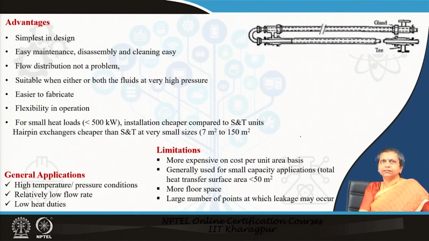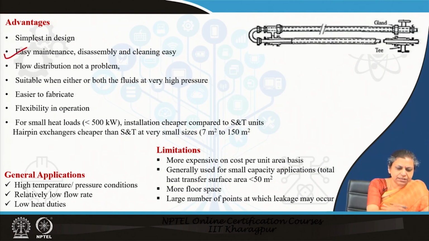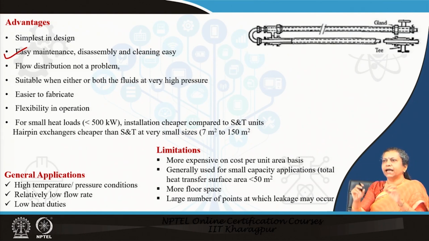Now, let us see under what conditions we will be adopting this simple heat exchanger. This is the simplest type of heat exchanger. Since it is the simplest type, quite naturally the maintenance is quite easy and the cleaning is comparatively easy. In fact, the tubes are fitted in such a way that even without dismantling the shells, we can approach the tubes, take them out, put them in, and clean them.